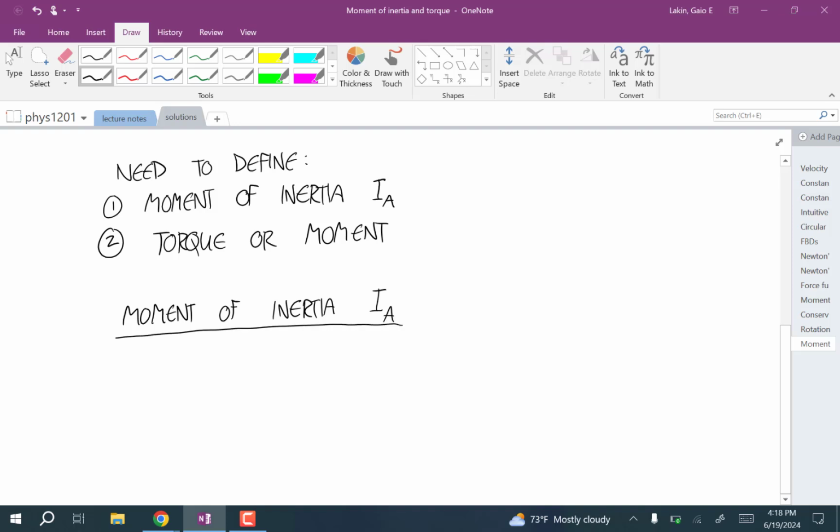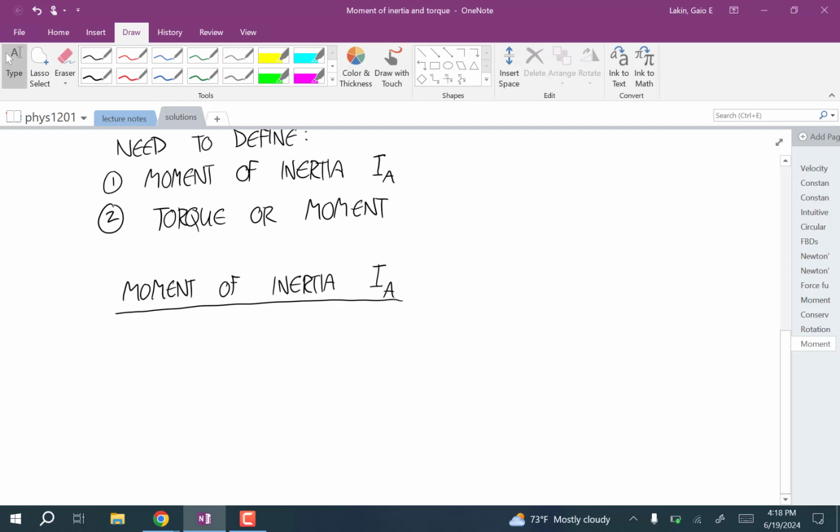Okay, and the moment of inertia is a positive quantity indicating how hard it is to get a body rotating, to make it start to rotate.